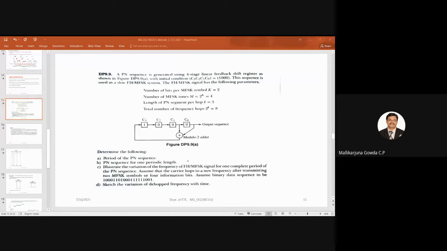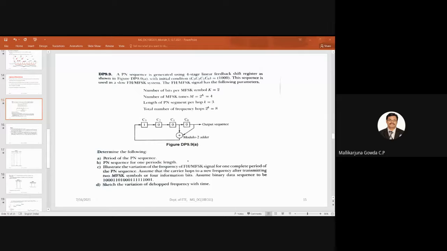What is the period of the PN sequence? We can say it is 2 power 4 minus 1, right? 2 power 4 is 16, minus 1 is 15. So the period of the PN sequence is 15.